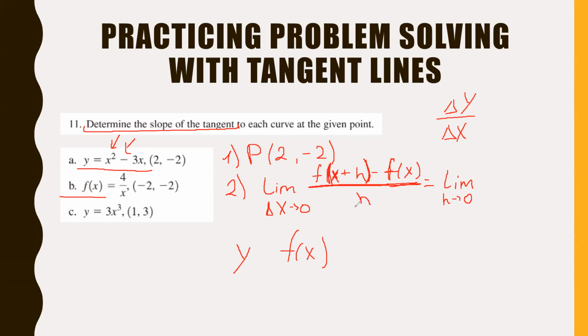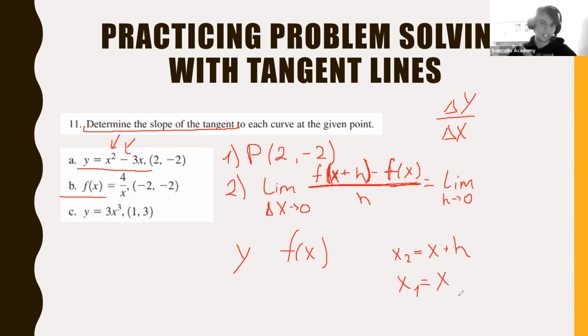So for point 2, we're taking x equals x2 equals x plus h, our incredibly small step as we imagine it, right? And x1 is just the value of x. In this case, x in the formula is the point where we're looking for a tangent.